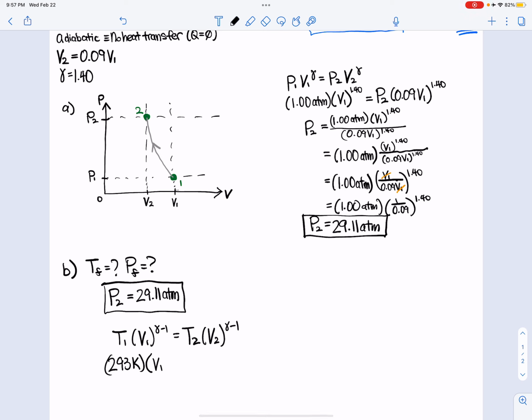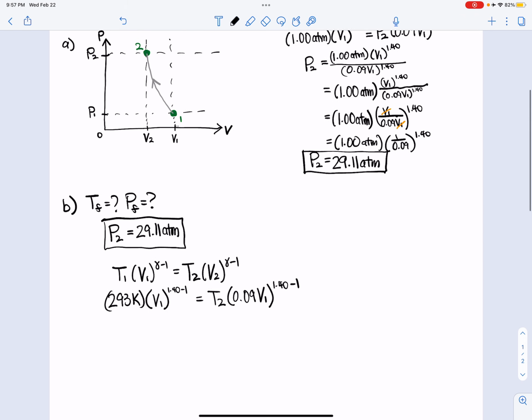Again, we'll call that V1. And gamma is 1.40 minus 1, is equal to final temperature, which I'm looking for, times final volume, which I know is 0.09 times my initial volume, to the power of gamma, which is 1.40 minus 1.